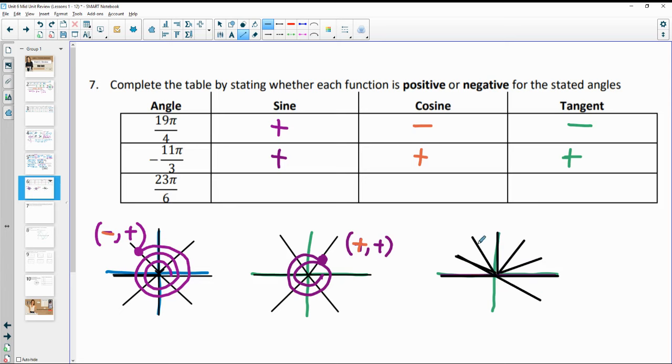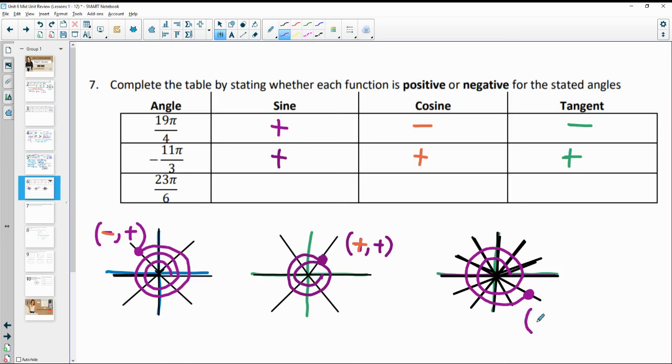So then we'll just extend this so that we're able to count the whole way. So each of those is a pi over 6. We need 23 of them in a positive direction. So this will be 6, 12, 18, 19, 20, 21, 22, 23 will be right here.